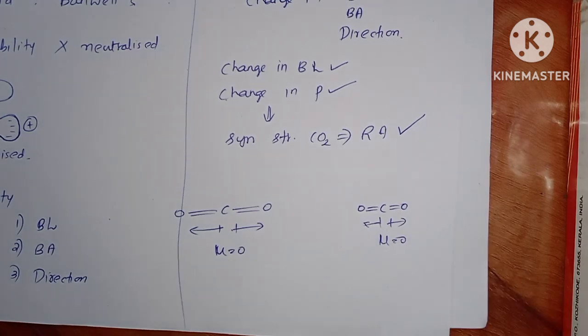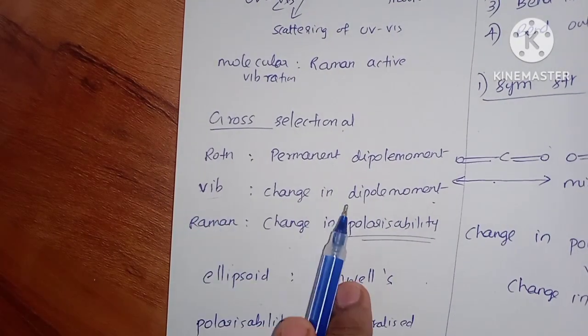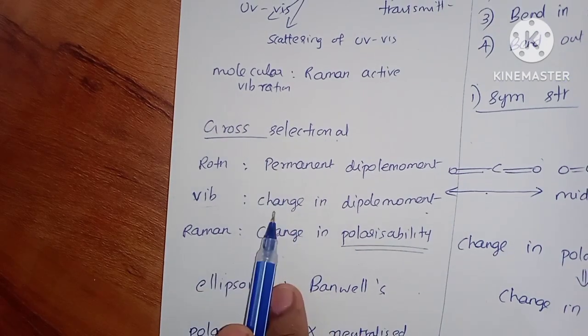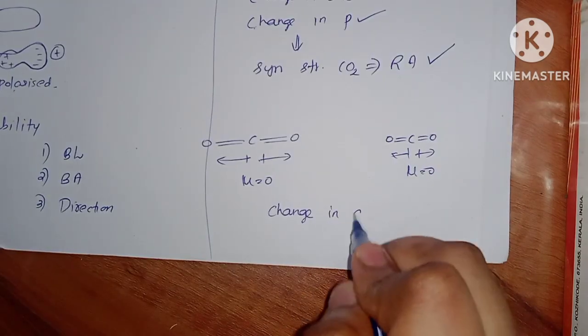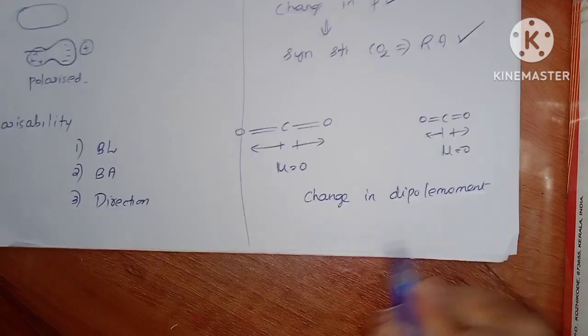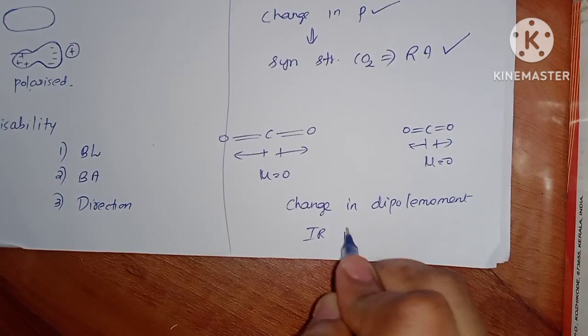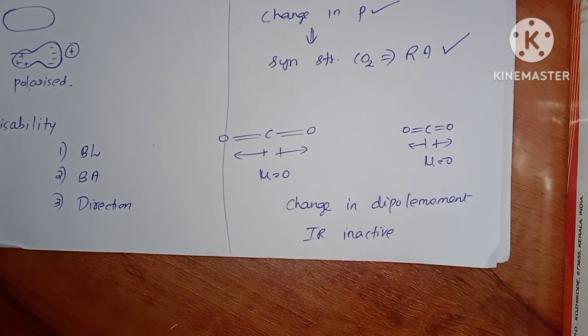So what we conclude, there is no change in dipole moment, because we have already said that for vibrational spectroscopy we consider the gross selection rule of change in dipole moment. So there is no change in dipole moment. So this mode of vibration of the CO2 molecule is IR inactive.